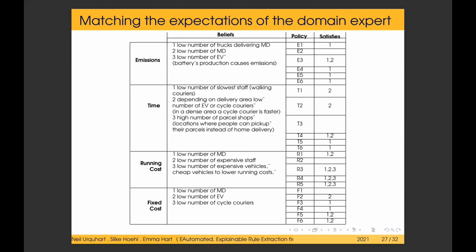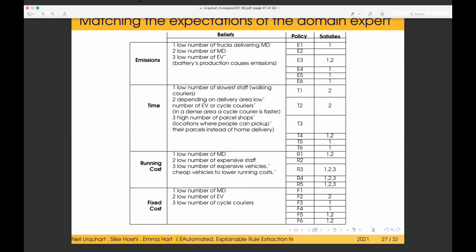So number 3, low number of electric vehicles to reduce emissions. Now that was to us counterintuitive. Asking the expert, they said, oh, it's because batteries in electric vehicles produce emissions, so low number of electric vehicles means low number of batteries. Now that was interesting because that was something that wasn't in our model.